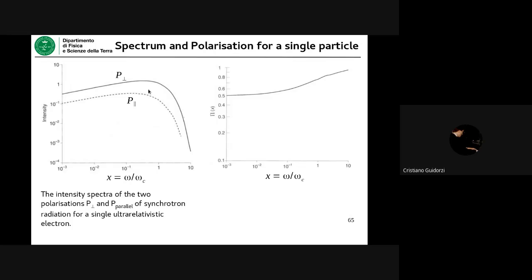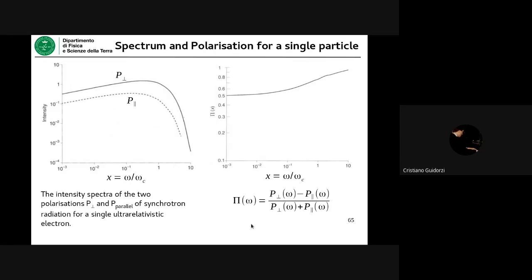In particular, if you work out the linear polarization degree, if you remember how we define it, for example, if you think of the ellipse axis of the polarization basis that we've seen when we talked about polarization, it's immediate to see that the linear polarization degree is just: find the two perpendicular directions along which you have respectively the strongest and the weakest intensity, and this is just their difference over their sum.